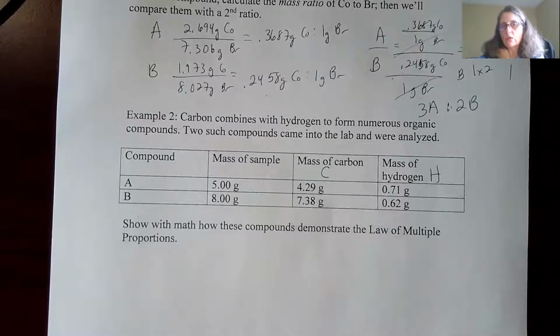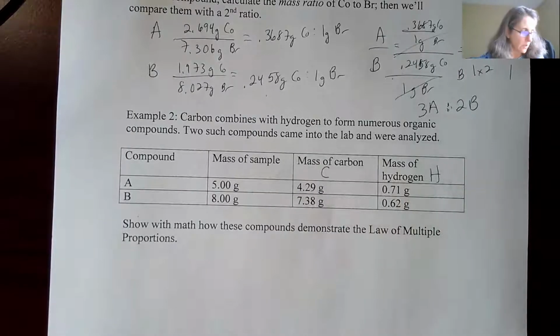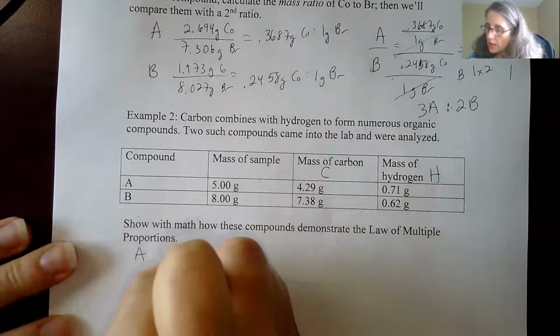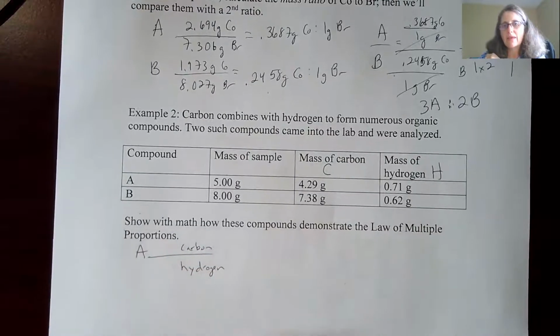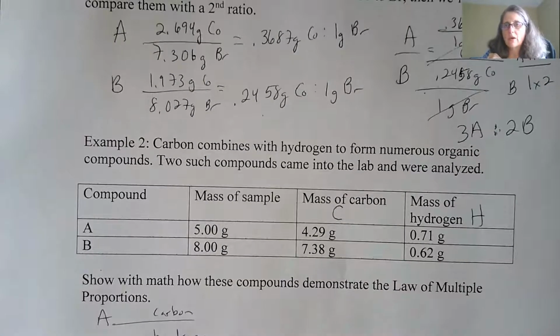So I would suggest you stop the video, you try the calculation yourself following the exact same steps I did before, and we are going to do carbon. You're going to put carbon on the top and you're going to put hydrogen on the bottom for your ratio. Okay, so pause the video and then I will show you the answers.